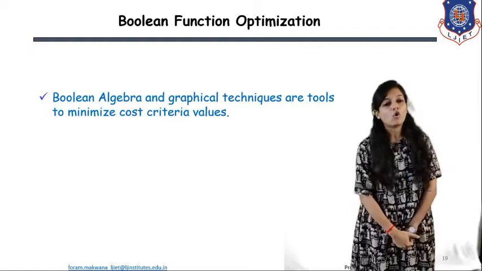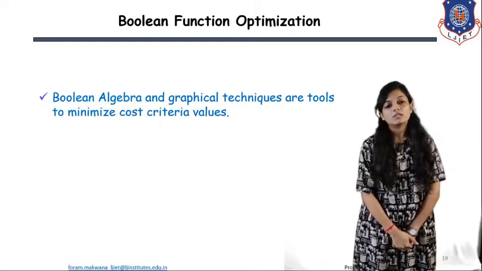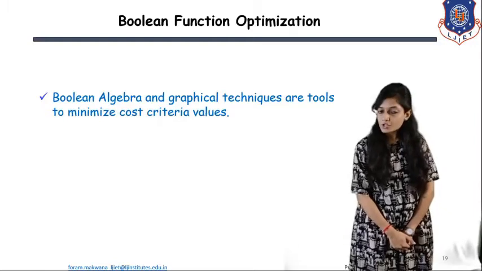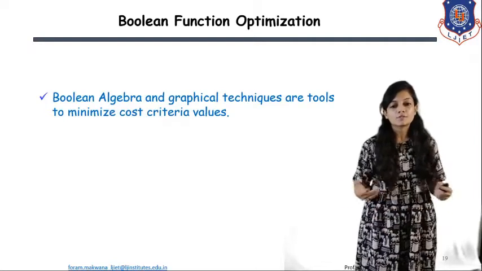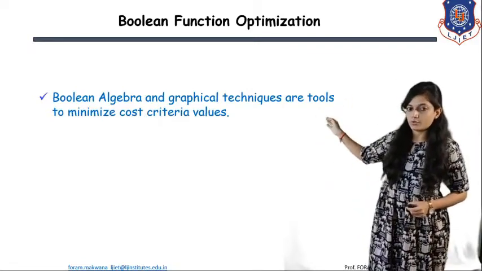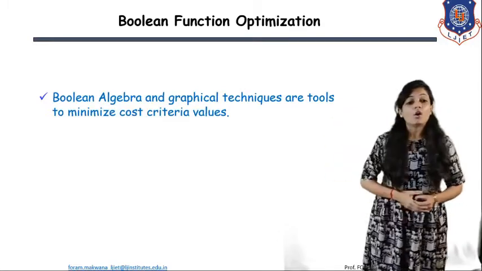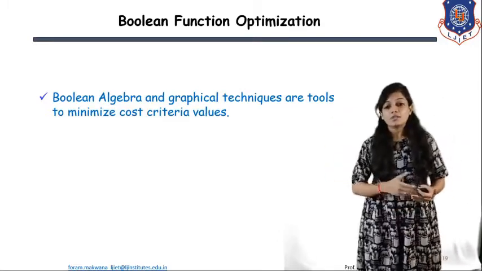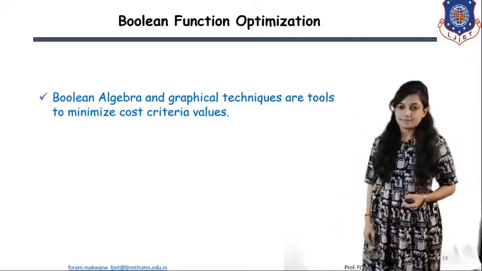For Boolean algebra, we have seen circuit optimization and Boolean function optimization using sum of products and product of sums. But the graphical technique is the easiest one. We are going to use a K-map. These two are the designing tools which optimize our Boolean function, as well as minimize the cost criteria.